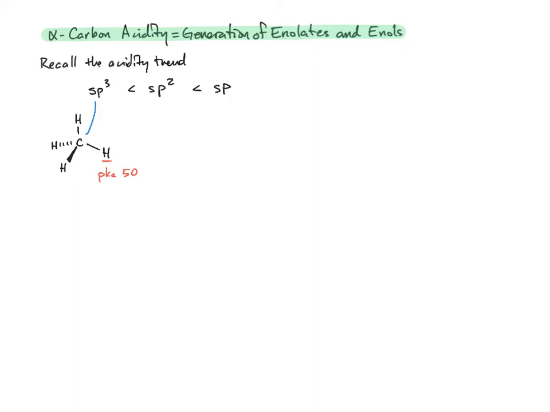Now if we change hybridization, and now we're looking at, let's say, ethylene, again, these carbons are sp2 hybridized. The pKa value here is about 45.